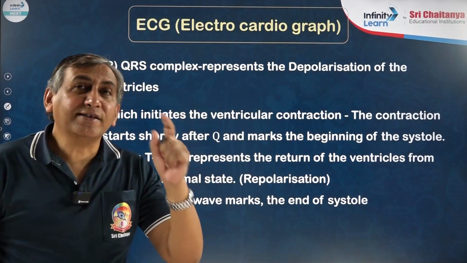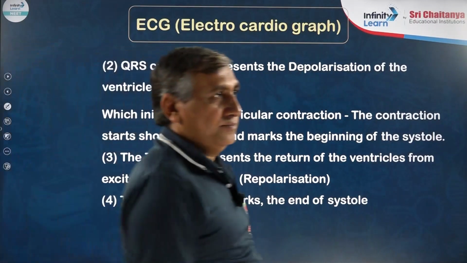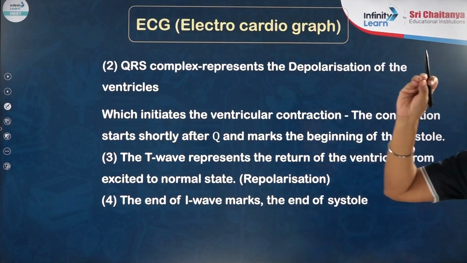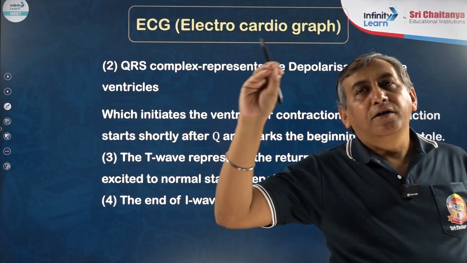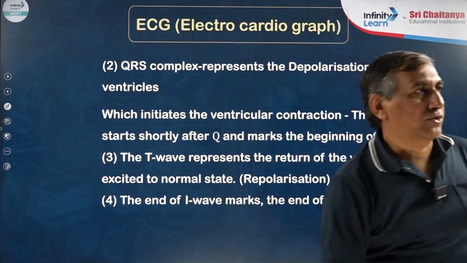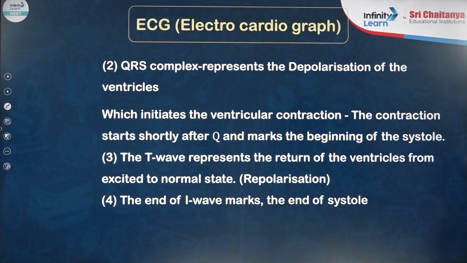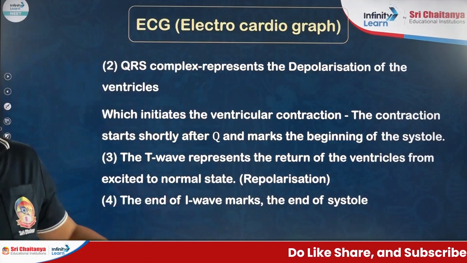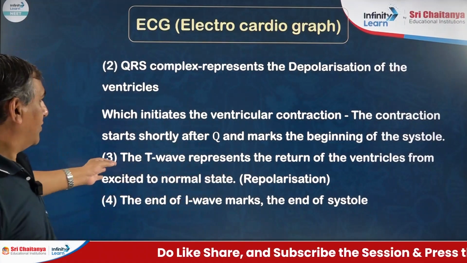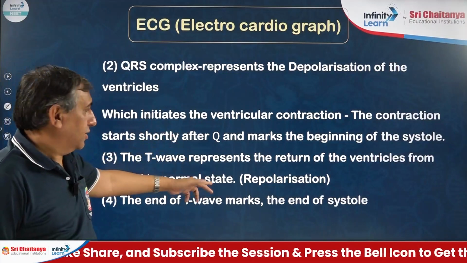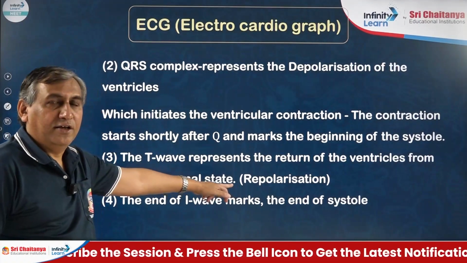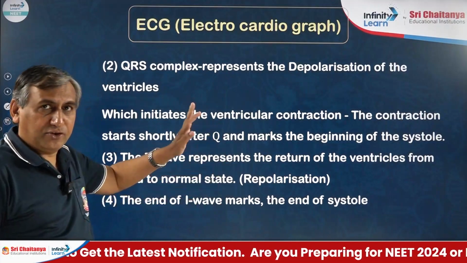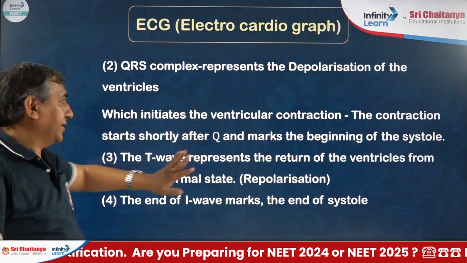One QRS complex indicates one heartbeat, because the most important event of the heart is the ventricular systole. So QRS complex indicates one heartbeat and T wave indicates ventricular diastole, repolarization, relaxation. End of T wave, end of systole means diastole already completed.